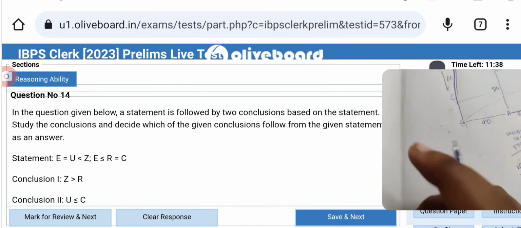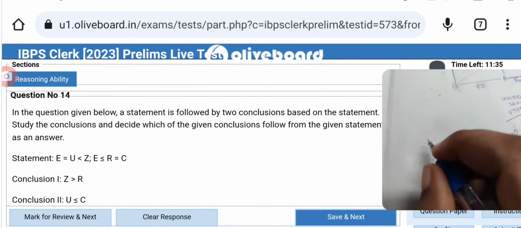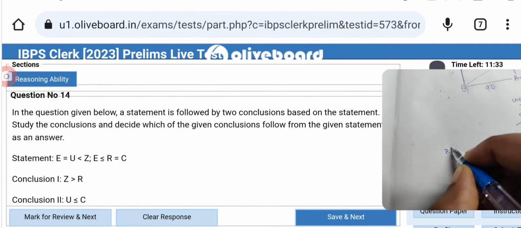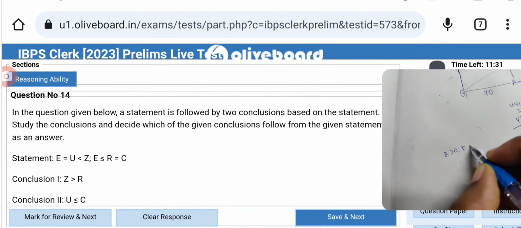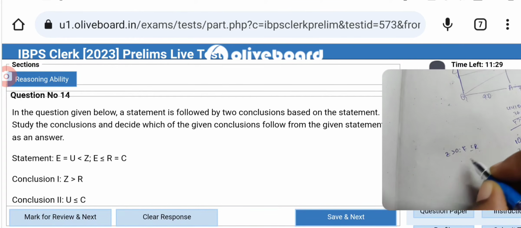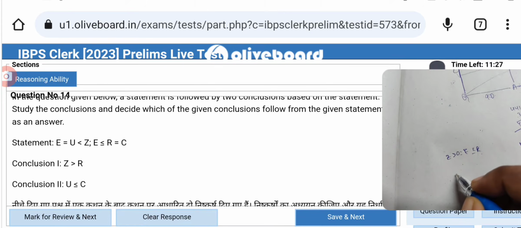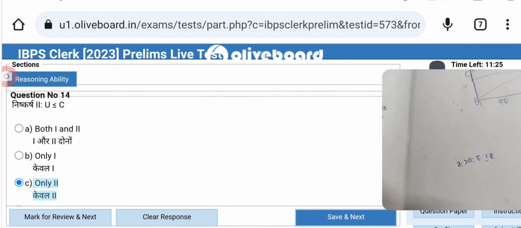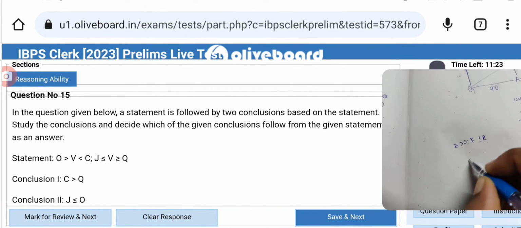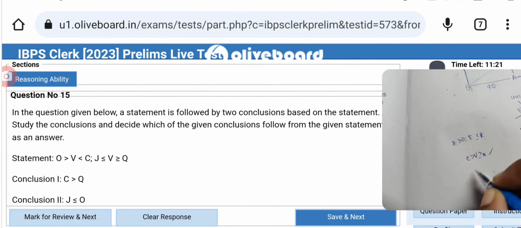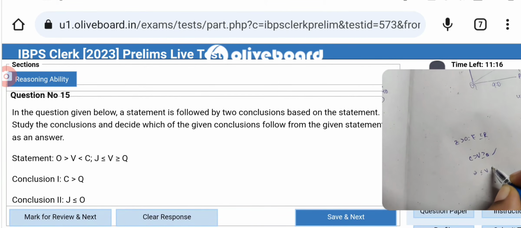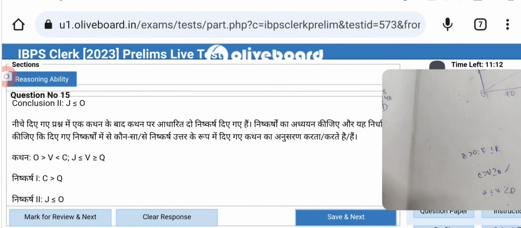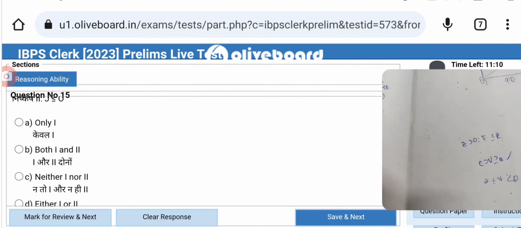Next one. Z greater than R. Less than R. No. U less than or equal to C. Only 2. C greater than Q. J less than or equal to O. So only one is true.